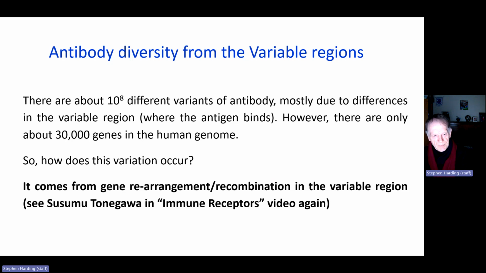Well, this comes from gene rearrangement and recombination in the variable region, and this was the video we showed in the introductory lecture, which showed the great work of Susumu Tonegawa in the immune receptors video, and it's worth looking at this again.